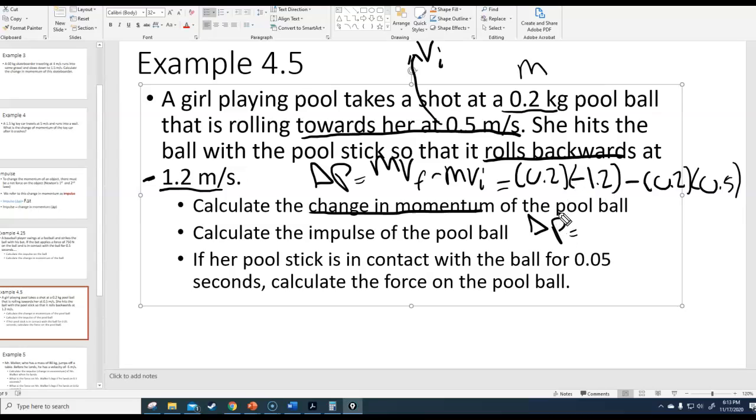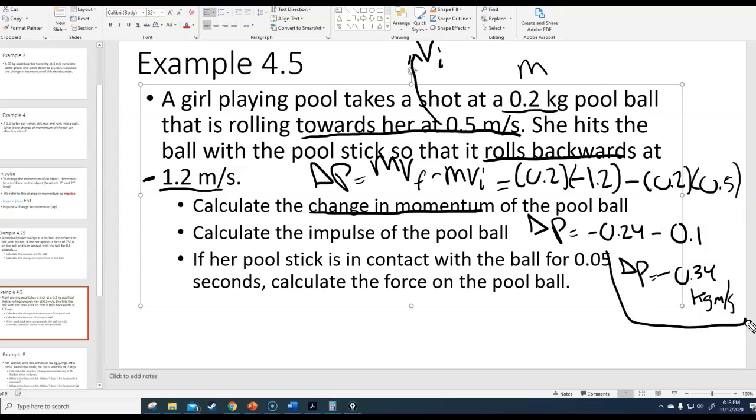I'm going to put this in my calculator. I'm going to simplify that. I'm going to get negative 0.24 minus 0.1, and that reduces down to negative 0.34 kilogram meters per second. And so the change in momentum of the pool ball is negative 0.34 kilogram meters per second.